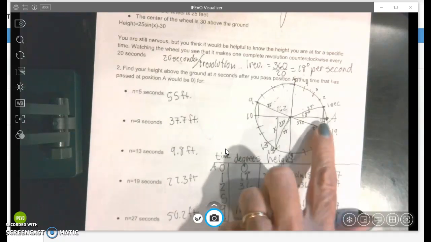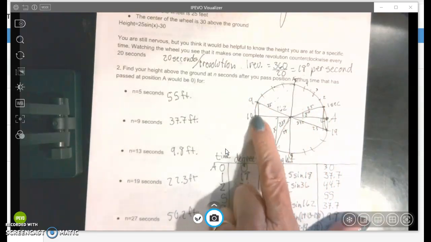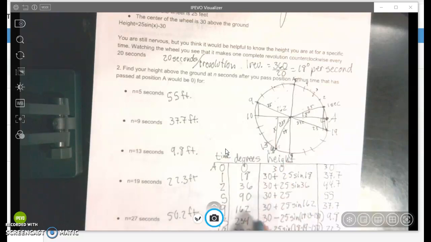If you look at the graph here, 13 was after the halfway mark. So it was at the halfway mark that I thought, wait a minute, we have to do something a little bit different here, because the values started being off a little bit. So we had to then take the minus of the sine.